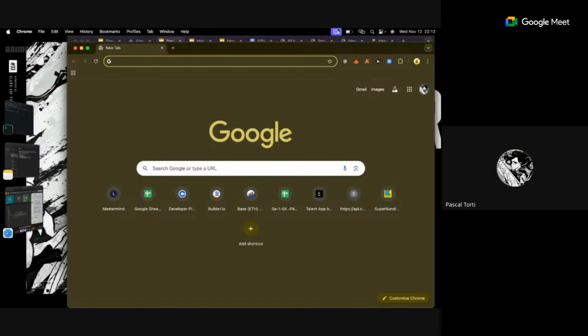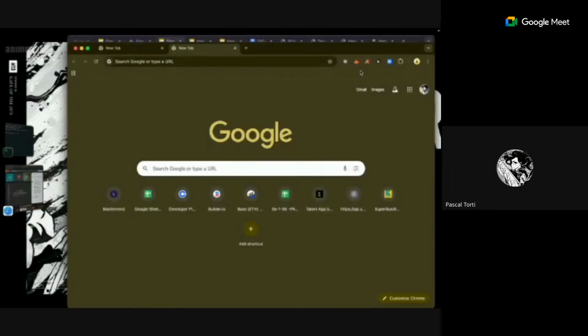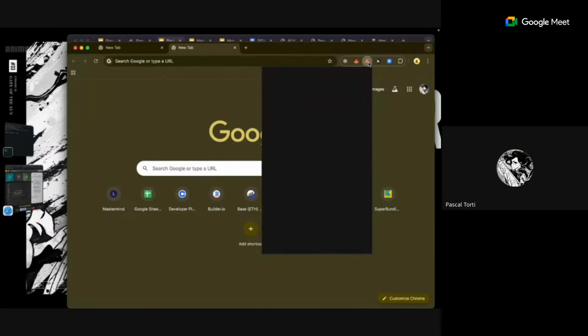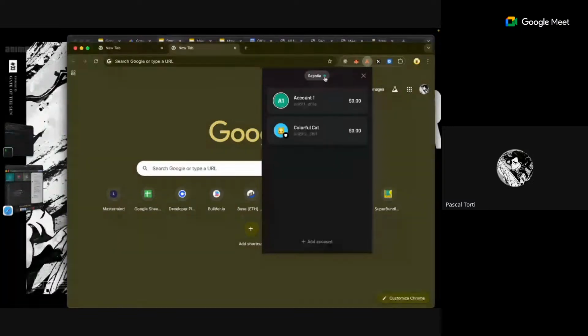For me to operate my private entities, I have to stop sharing my screen at the moment. So for those that don't know how to find your private key, you launch your extension. That is for Argent users. If it's on mainnet, you click here, then switch to Sepolia.